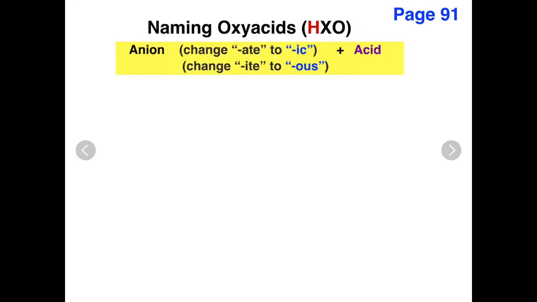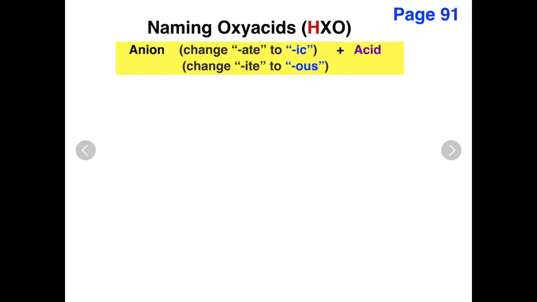Next, we are going to take a look at the naming for the oxyacids, or the acids that contain oxygen as well. The name of these excludes the word hydro. Before, if you have a binary acid, you have to indicate the word hydro. For the oxyacid that contains more than 2 elements, so you have H, X, and O, you are going to exclude the word hydro.